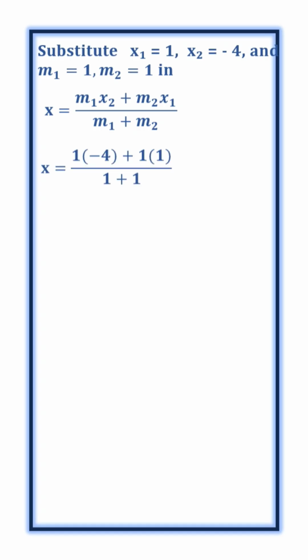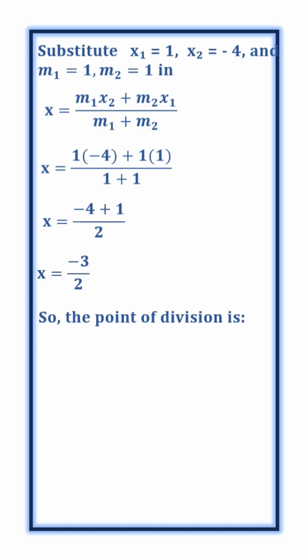What we will get: x is equal to (negative of 4 plus 1) upon 2, which is equal to negative of 3 by 2. So the point of division is (negative of 3 by 2, 0).